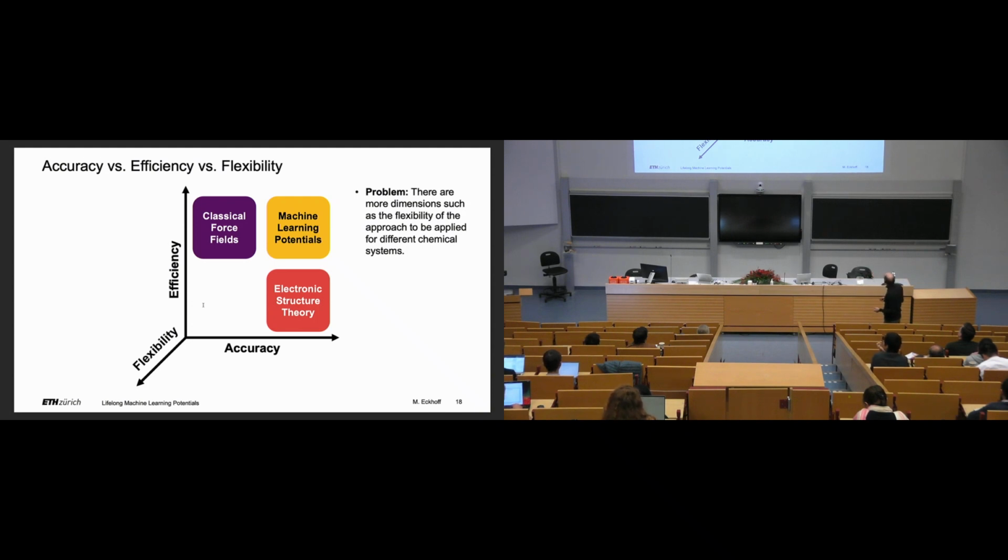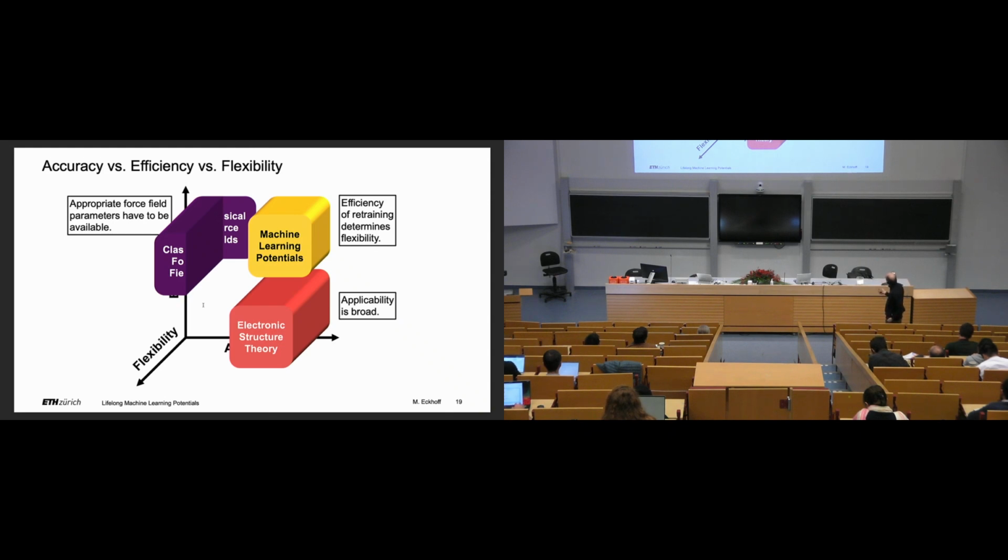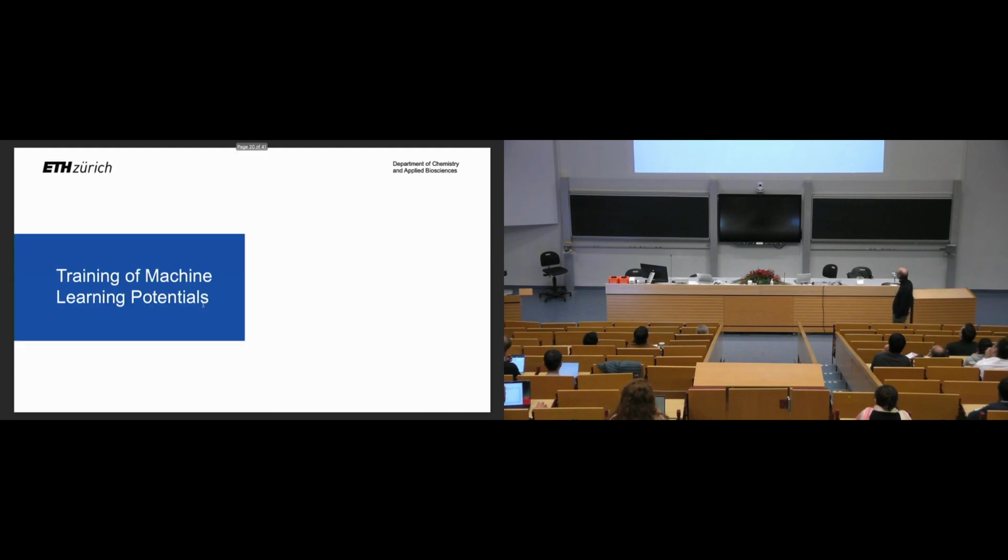That won't be efficient. The problem is that, of course, electronic structure theory, the applicability is broad, because we deal with electrons and nuclei, you don't see the elements, but it's expensive. For force fields, you can be efficient as well, but you need to train and reparameterize and so on. The question is, how flexible can a machine learning potential be for this specific application?